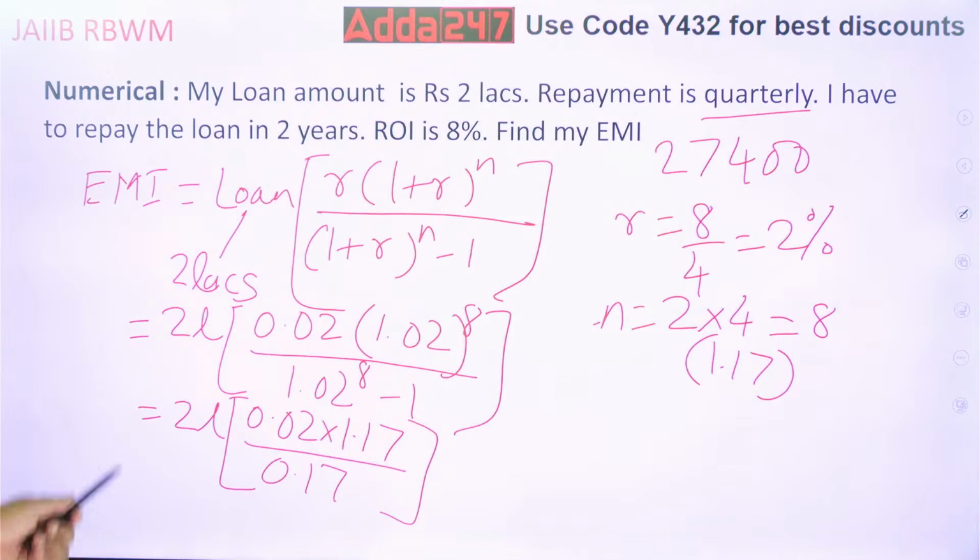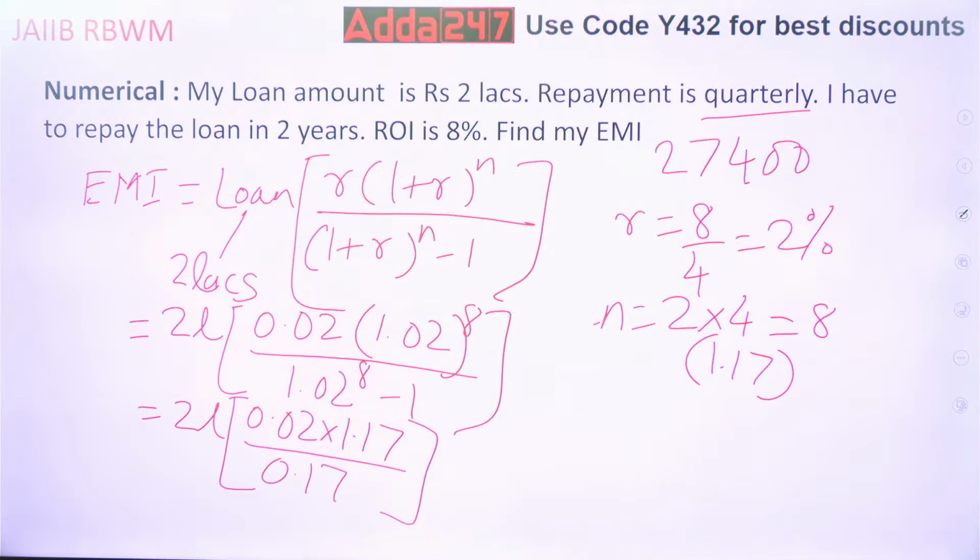So first try this. 0.02 into, what is it? 1.17, divided by 0.17.